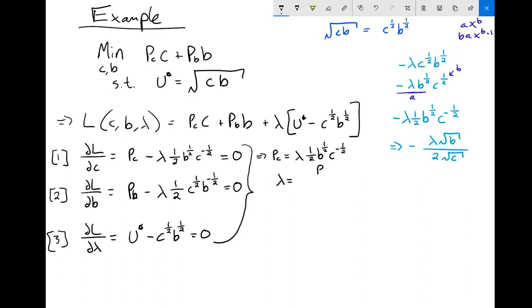So we'll get PC over 1/2 b to the 1/2 c to the minus 1/2. Now you might prefer to write it in this alternative, to simplify it. So let's simplify it. This would be PC divided by square root of b divided by 2 times the square root of c. And then that will become 2 PC square root of c divided by square root of b.